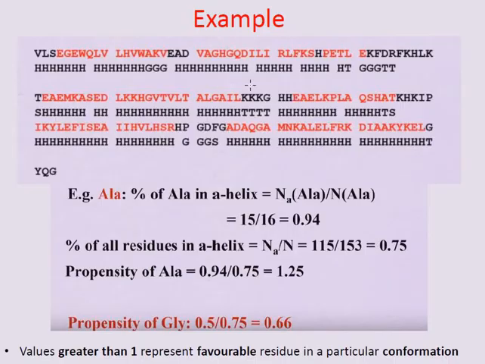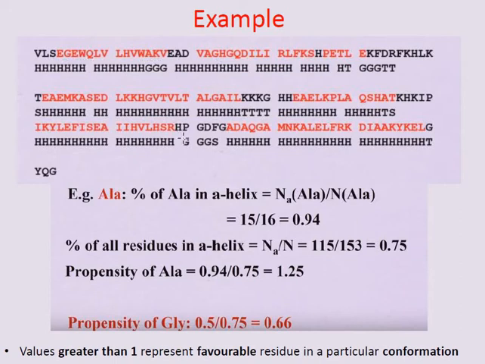This can be easily understood with the help of an example. Here we have a particular protein sequence; the first line corresponds to the protein sequence, and the second is the secondary structure assignment for this sequence. Residues forming alpha helices are highlighted in red.